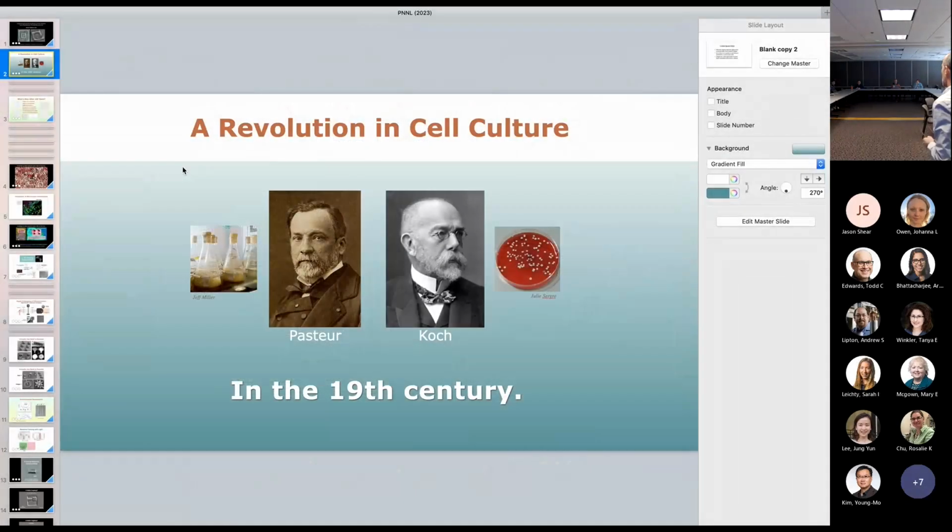I think probably many, if not most or all of you, have done cell culture at some time and are aware of the amazing revolutions that happened in cell culturing. First from Pasteur, who developed liquid cultures and could grow large amounts of bacteria to study.